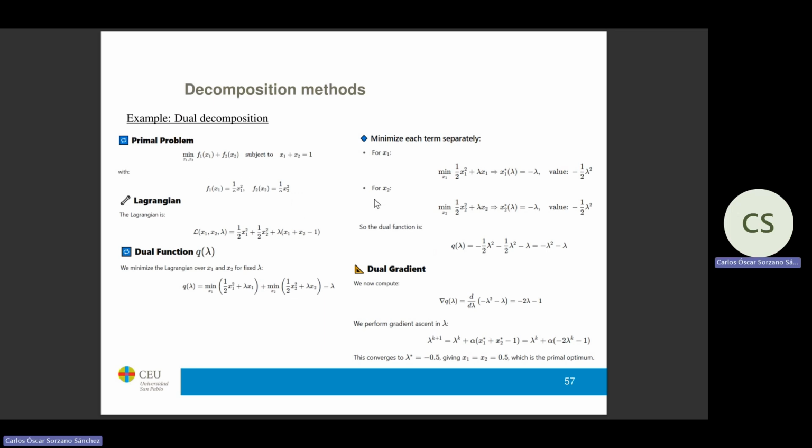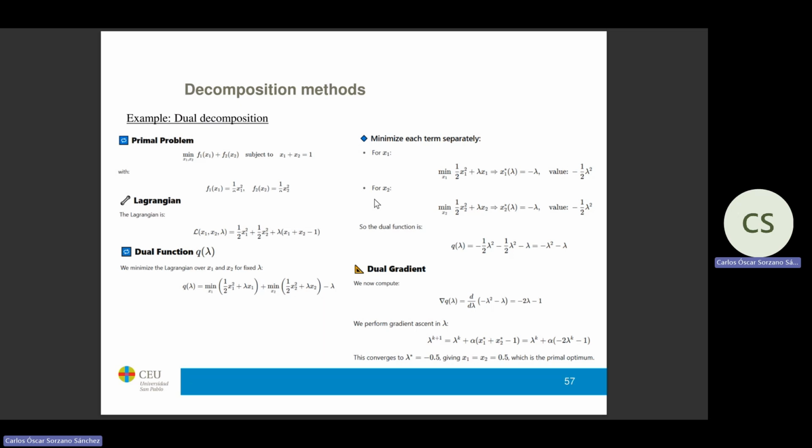So here you have an example, but again, it is a kind of artificial one. I think the real stuff is in real life. So let's say that you have this primal problem, x1 squared plus x2 squared, subject to some constraint. So you construct the Lagrangian.